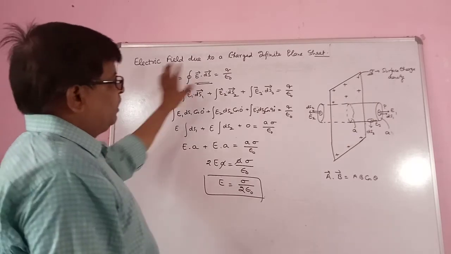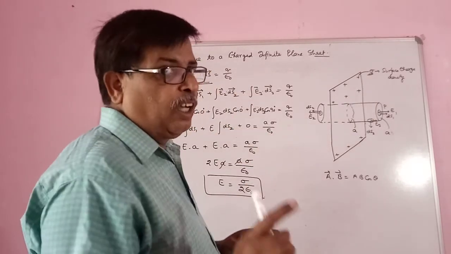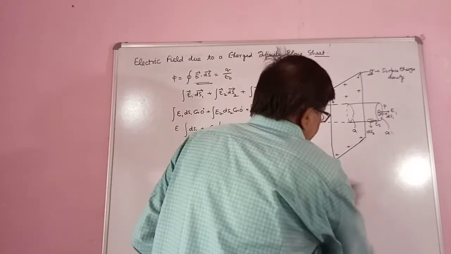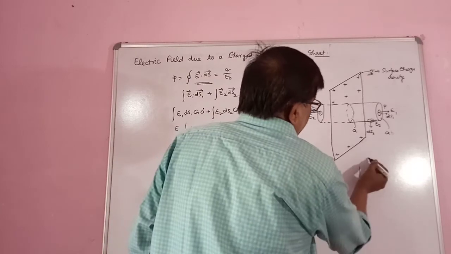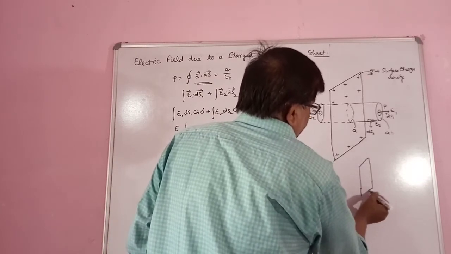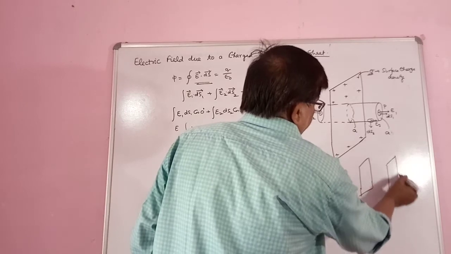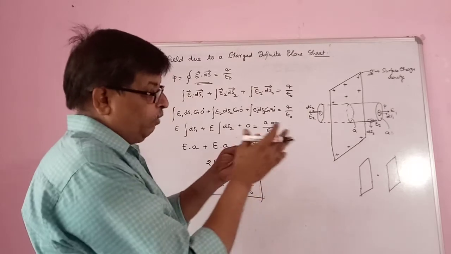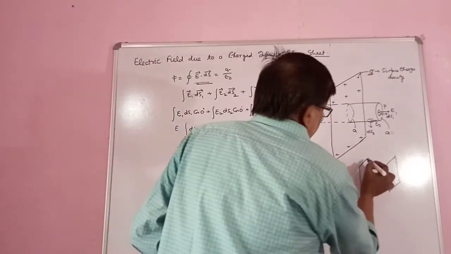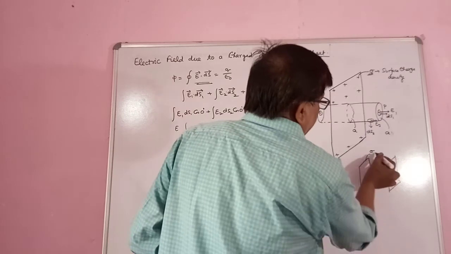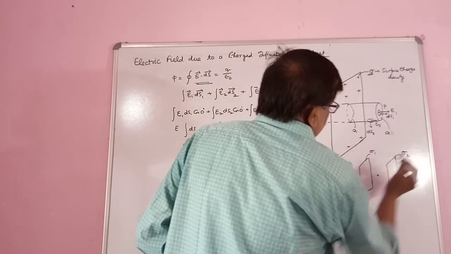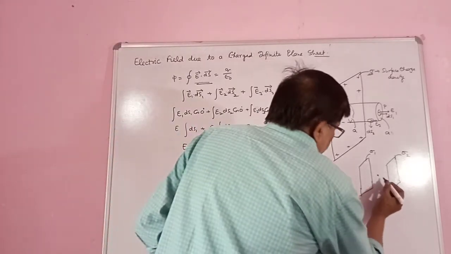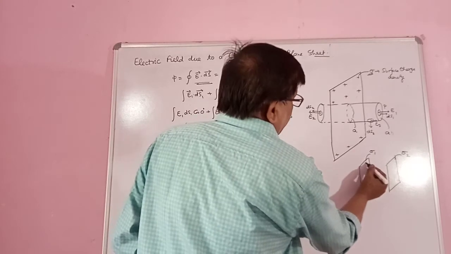Now this is the complete article, but this article also has a few cases. Such that if we have two sheets and the point is inside, in between the two sheets. Suppose this sheet has sigma 1 and this sheet has sigma 2 surface charge density. Suppose these are of the same type.